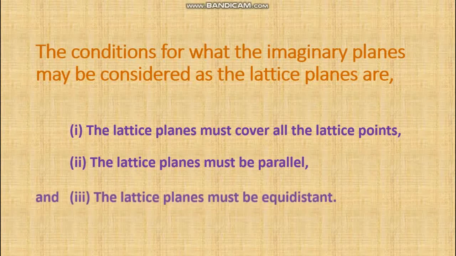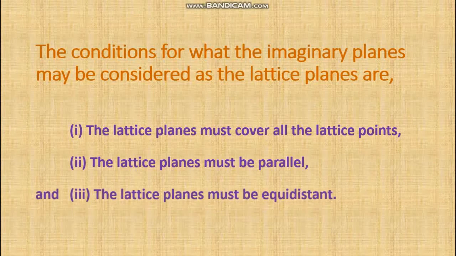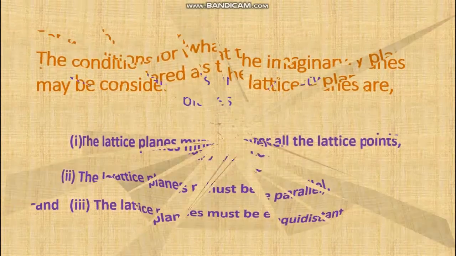And the third one, these parallel planes must be equidistant. That means the distance between any two planes must be same throughout the crystal. So these were the three conditions for what the imaginary plane may be considered as the lattice planes.